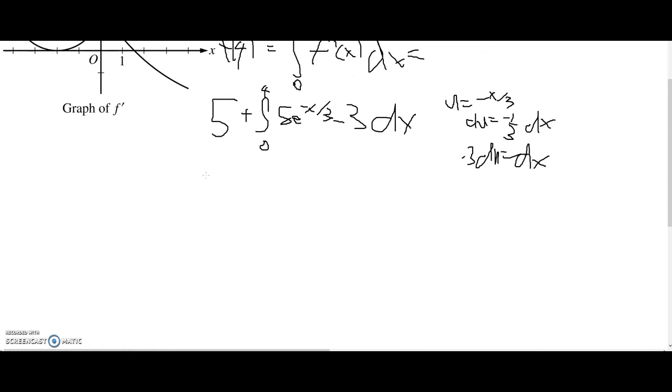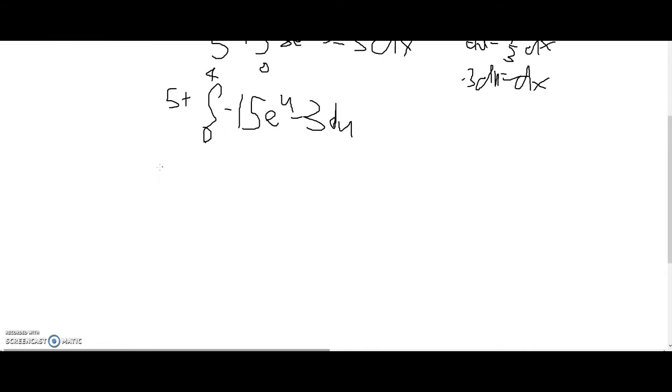Plug it back in here, and we get 5 plus the integral from 0 to 4 of negative 15 e to the u minus 3 du.